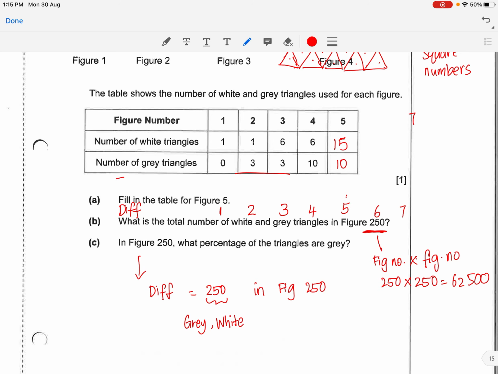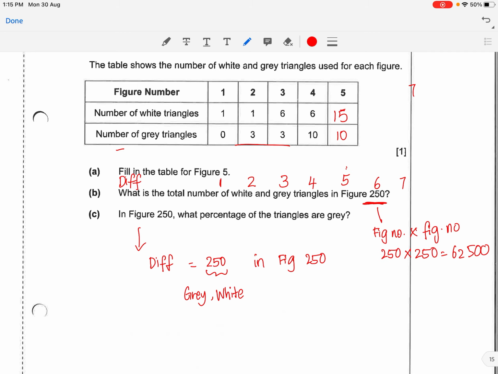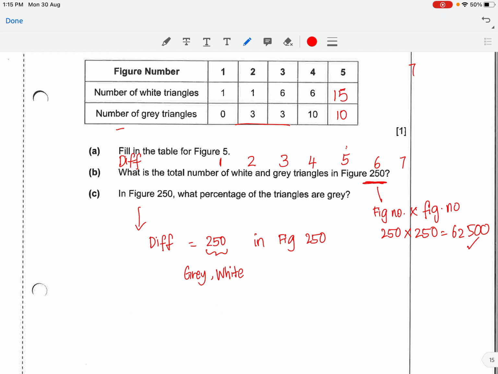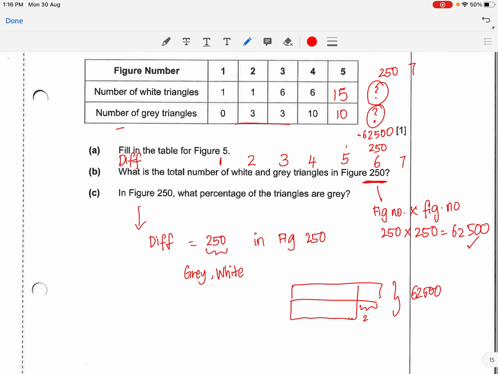Okay, so my first step is to find the total number. My total number is already given here. Let's say I have figure 250. I don't know this, I don't know this. I know that my total is 62,500 and I know that my difference is 250. So I'm just going to draw the model to represent this. My total is 62,500, my difference is 250.